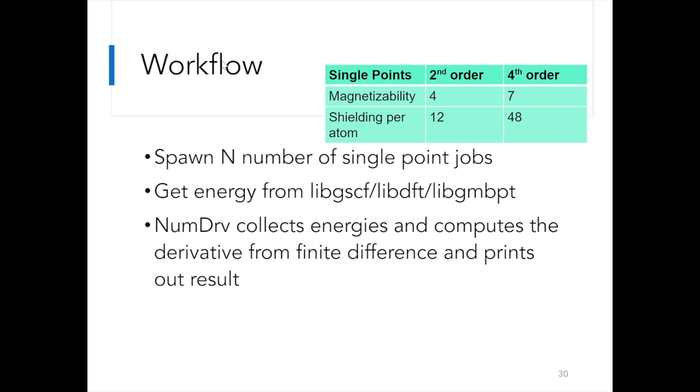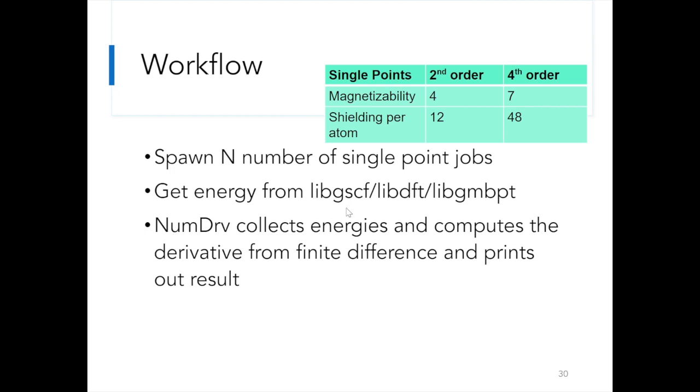So the workflow in Q-Chem to calculate properties using this GIAO formalism is quite simple. You first spawn a number of single point jobs corresponding to the order of accuracy you want in your finite difference. These jobs get fed into your corresponding package.